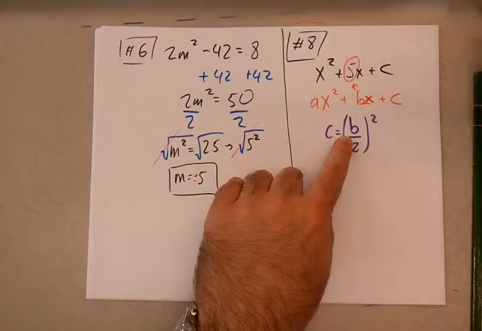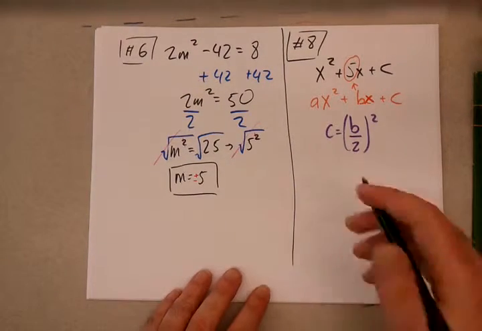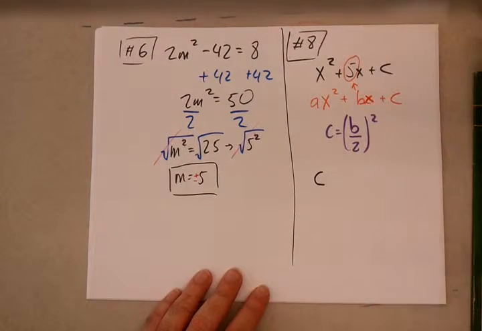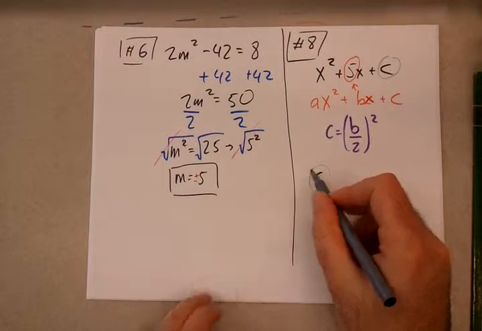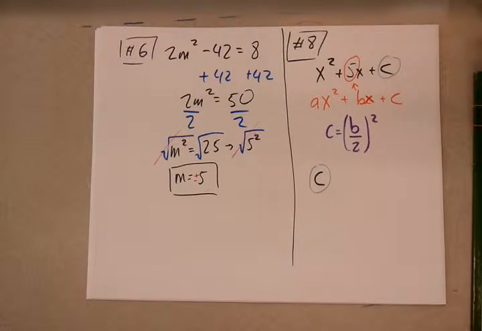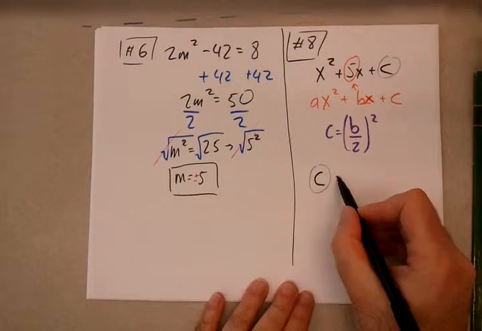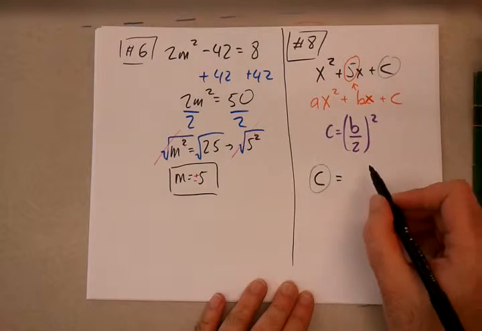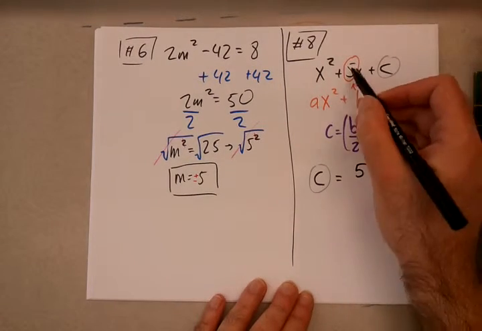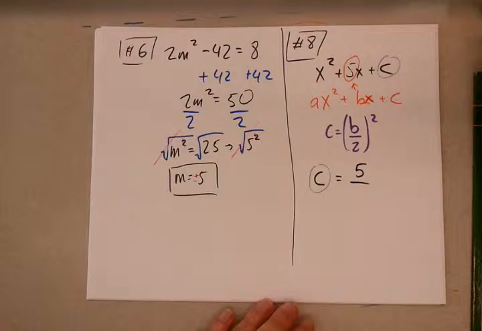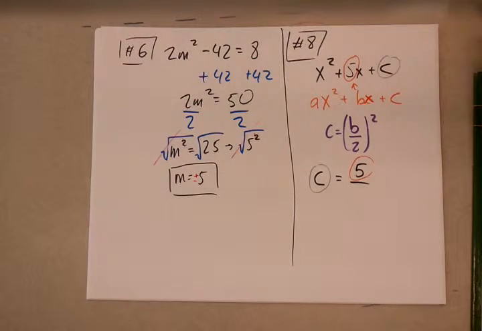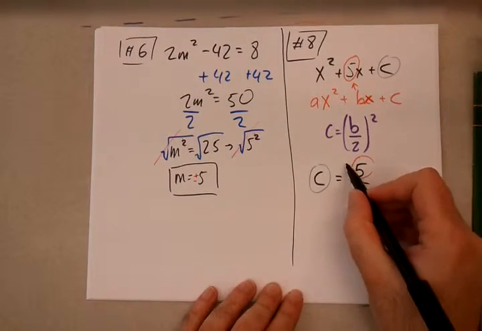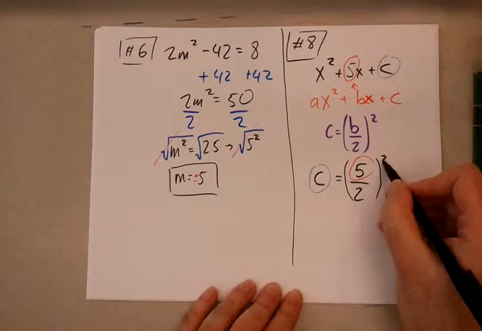And according to the formula, I'm going to plug in the 5 over here. So c, our missing term, is going to equal the 5 that comes from here, divided by 2, and then everything's going to be taken to the second power.